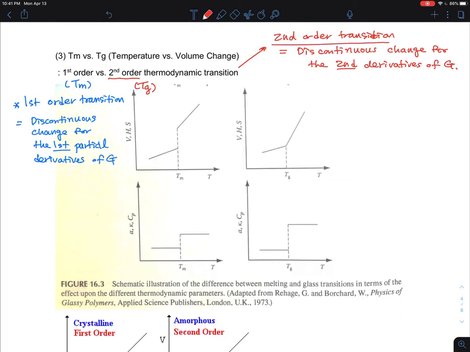Okay, so then what do you mean by first order derivative and second order derivative?